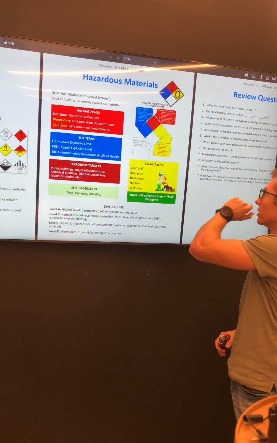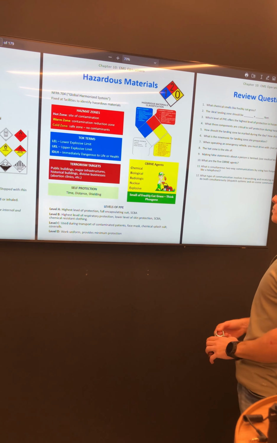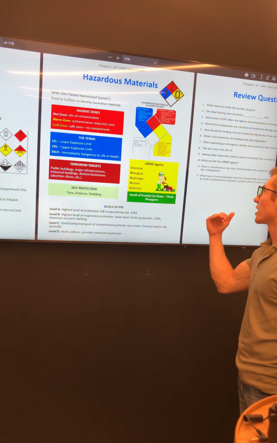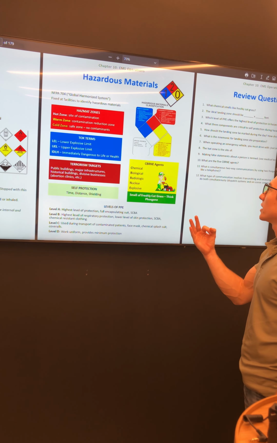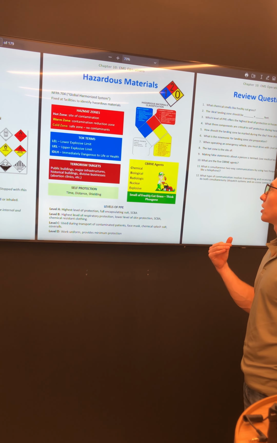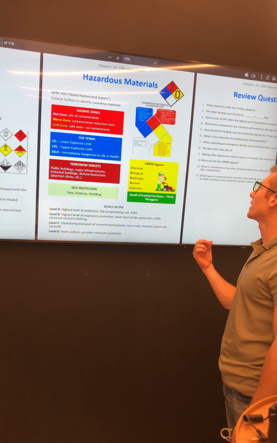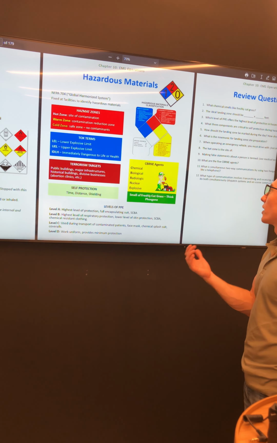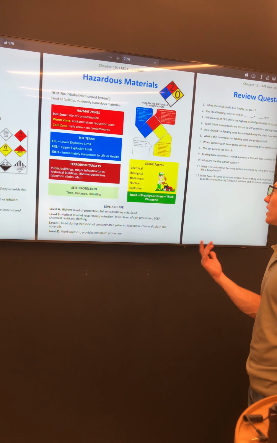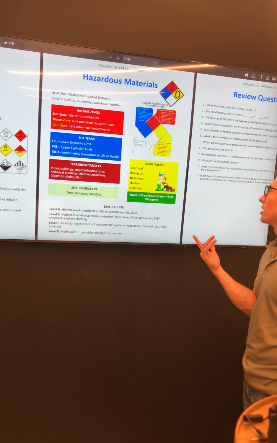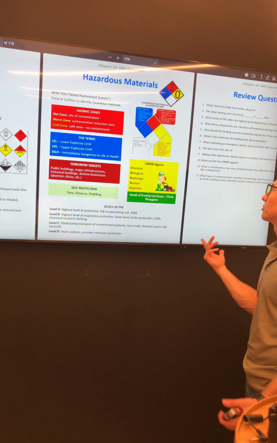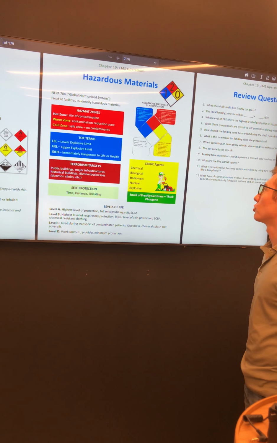Then we have instability hazard. 4, may detonate or have an explosive reaction. 3, shock and heat may detonate or cause an explosive reaction. 2, violent chemical change at elevated temperatures. 1, unstable if heated. 0, normally stable.